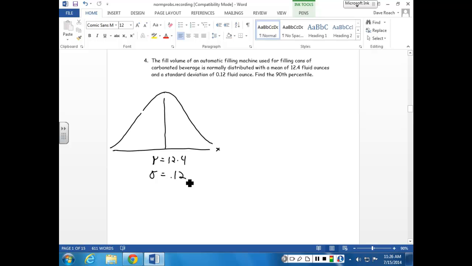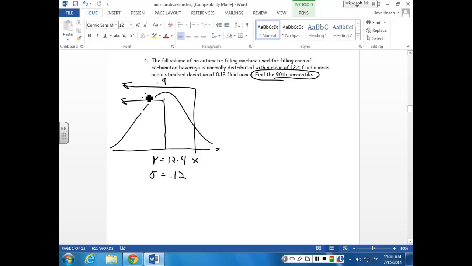But now the question is, find the 90th percentile. Okay? This is like before. Remember, we were doing the 84th percentile or the 16th percentile with the empirical rule. It's the same concept. We're looking for a value such that 0.9 or 90% of values are below this x.